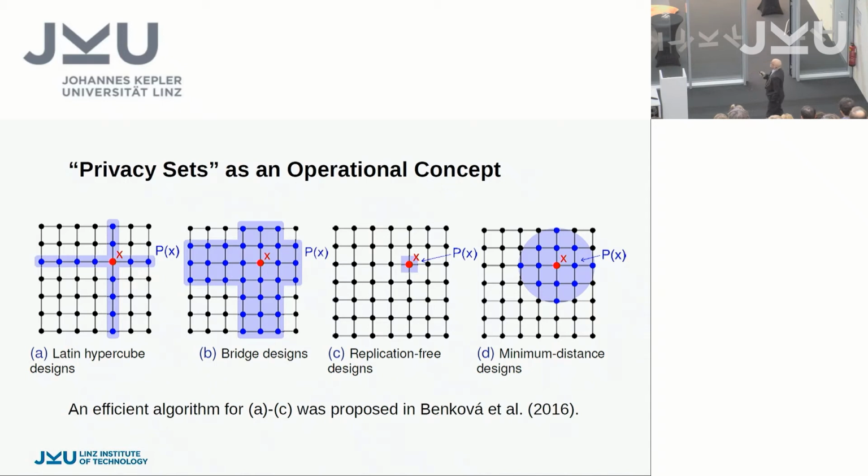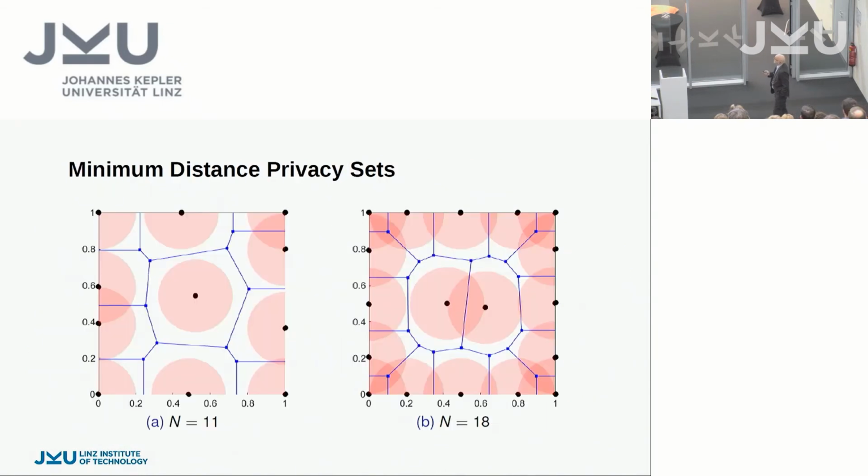Very nice observation that when you want to generate minimum distance designs with privacy sets, I'll give you another example here. So here we have 11 points, here 18 points, and some given setup. Then when you want to find a candidate point for an exchange, sorry, I didn't tell that, exchange algorithms always add a point and delete another point.